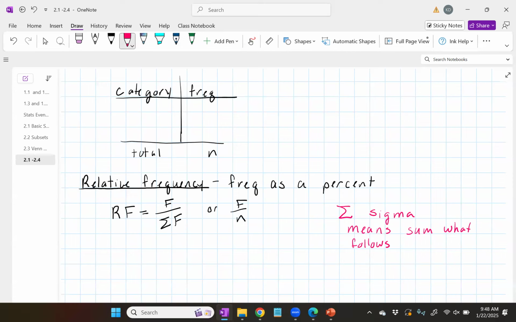Later on, we'll sum up some really crazy stuff. Crazy looking, it's really not hard to sum up. But that's what sigma means. We're not going to change its meaning throughout the whole semester. That is exactly what that notation is going to mean. Okay, relative frequency is pretty straightforward in finding.